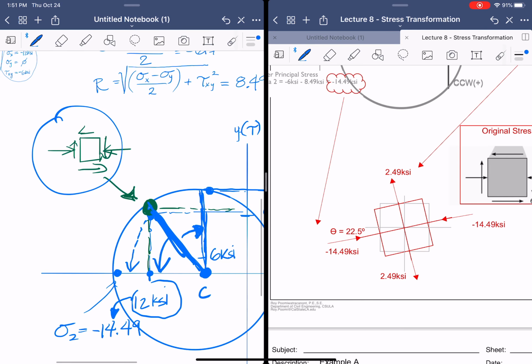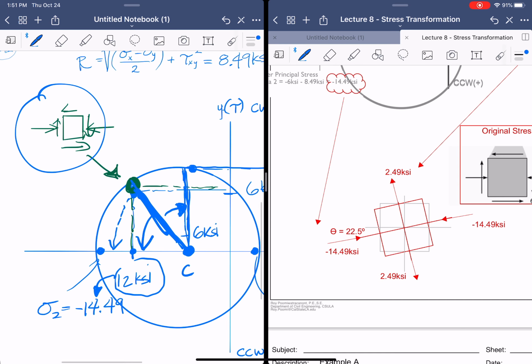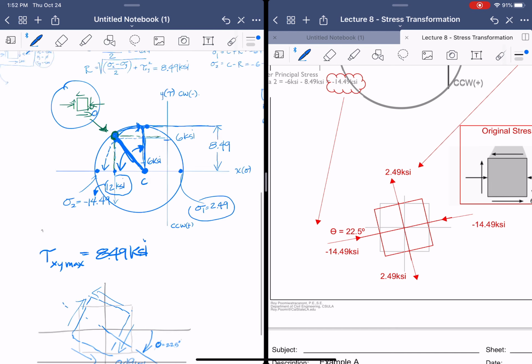If you look at the direction of the shear where it was before, it was right here and it went this direction. It did not cross into the other axes, it didn't go downwards. So this value just increased slightly to this point. Whatever that value was, you keep that same orientation, and we are increasing it to 8.49.